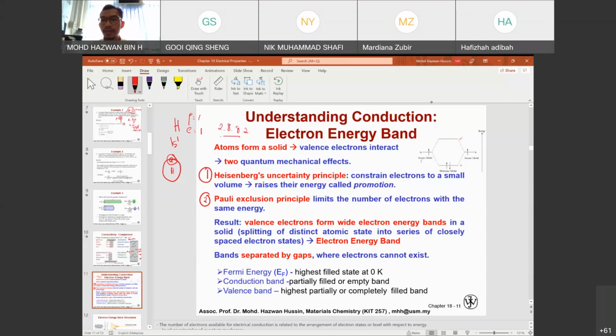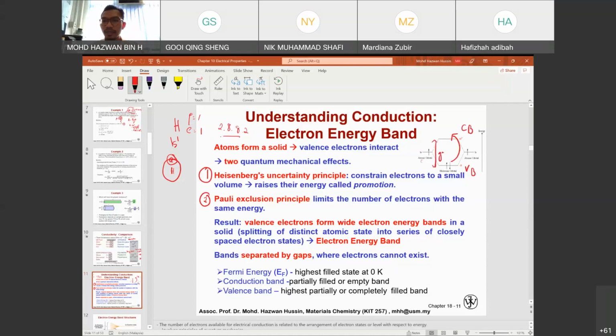Electrons from the valence band can be promoted to the conduction band if there is any source of energy from outside, external energy that is absorbed by the atom, and then promotion can occur and goes into this conduction band, right? So the conduction band and also the valence band are separated with a gap.